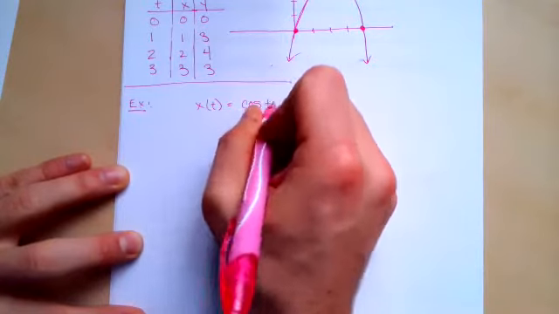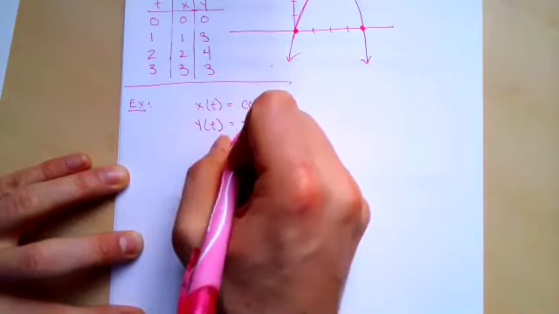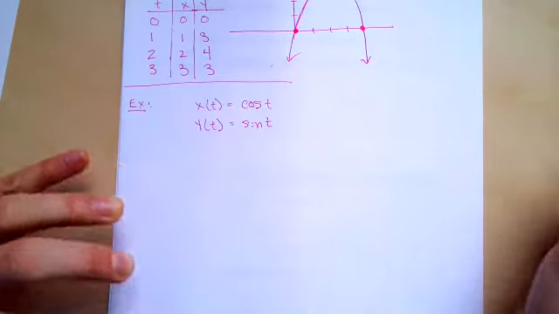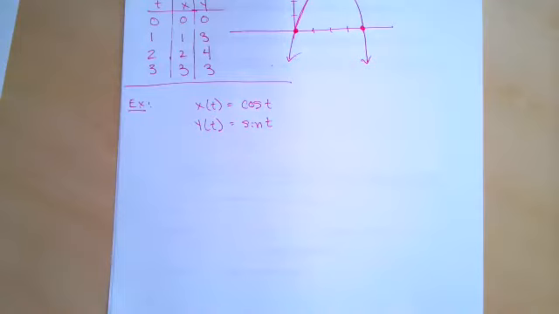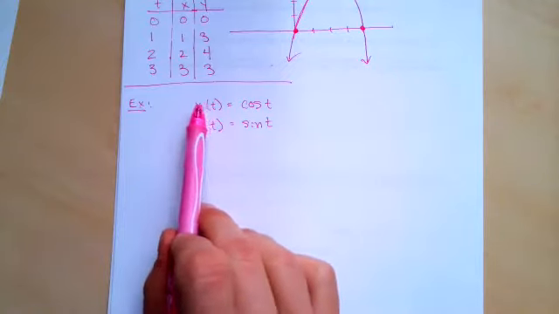Cosine of t is x, and y of t is sine t. So this one we can't solve for x as a function of y, or vice versa. Because if we did so, we would have to use our inverse functions.